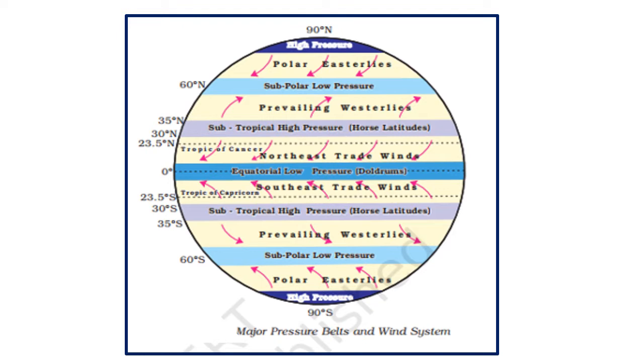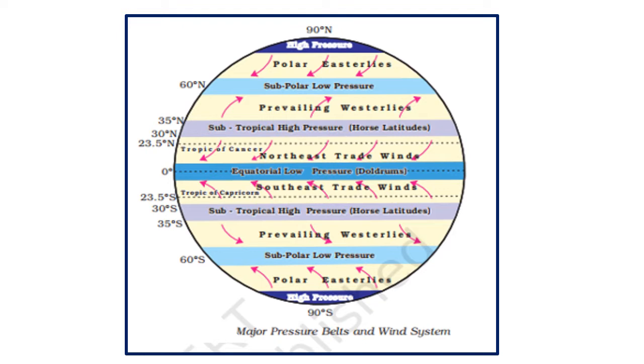Both winds, from the poles and from the subtropical region, get mingled, and these winds get heated and rise up, creating low pressure.